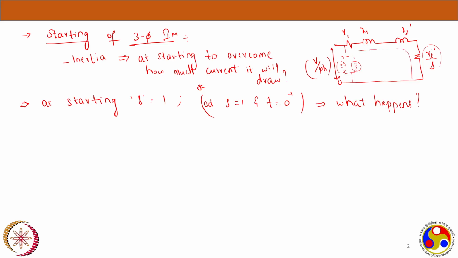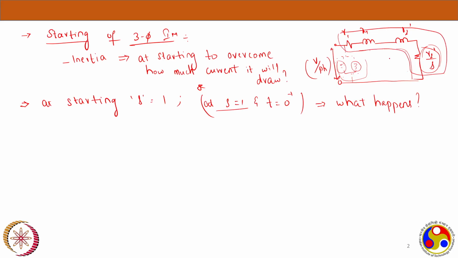So if R2 dash by S is big enough, we can't neglect this parallel branch because this is also of a big order, and this is also big. So the resultant parallel impedance will be in the order of all these components. But right now, since S equals 1, the impedance offered by this entire branch R2 by S will be R2, so it will be very low compared to XM.